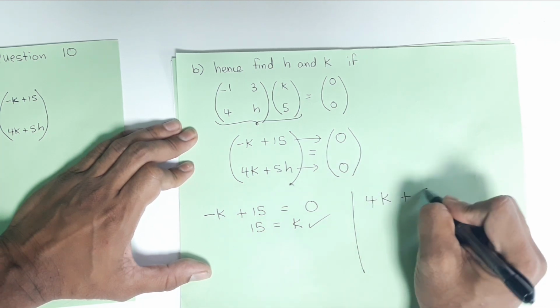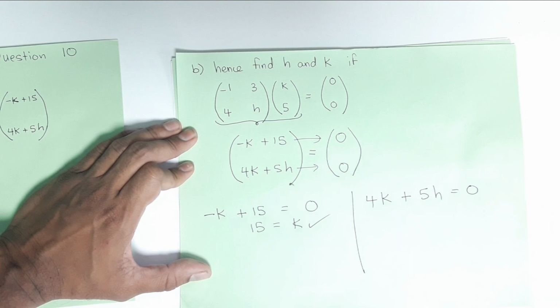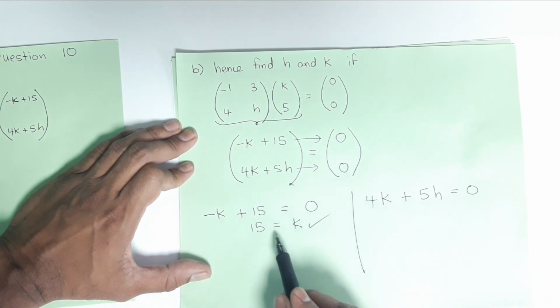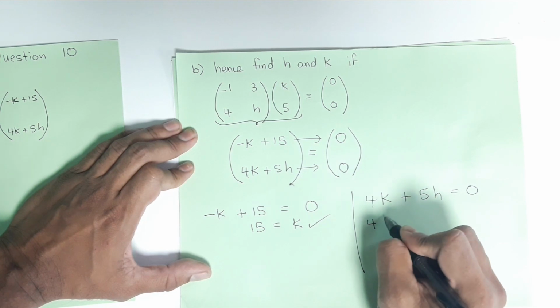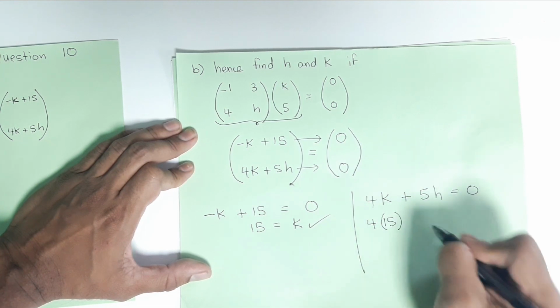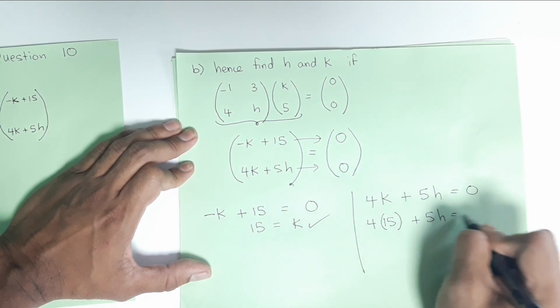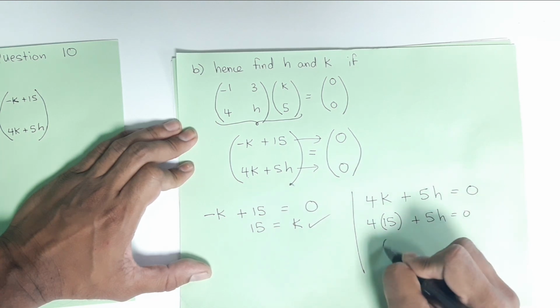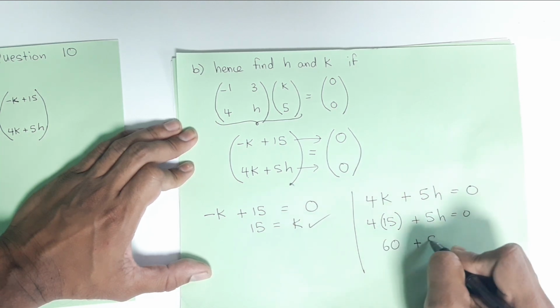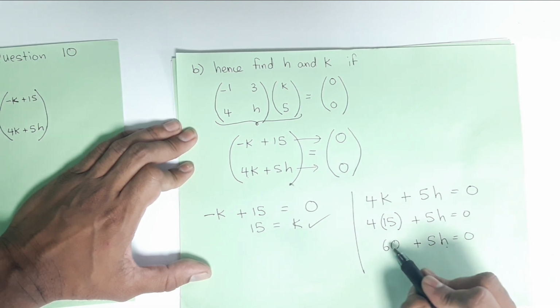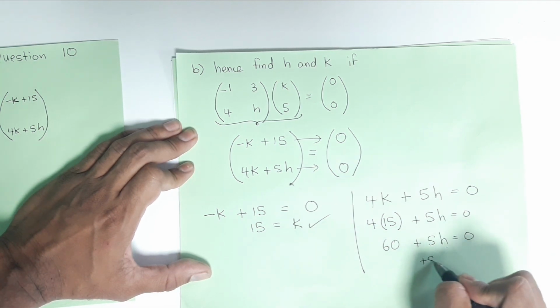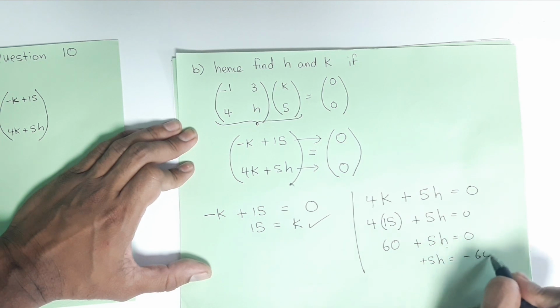4k plus 5h is equal to 0. Remember, we just figured out k was 15. So this k, throw it away and in brackets put 15. 4 by 15 is 60 plus 5h is equal to 0. To solve for h is very easy. You throw across positive 60, you get minus 60.